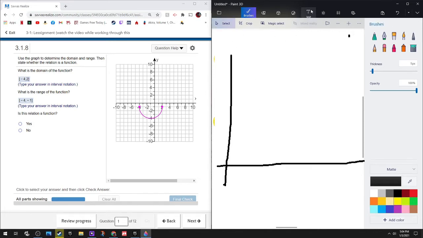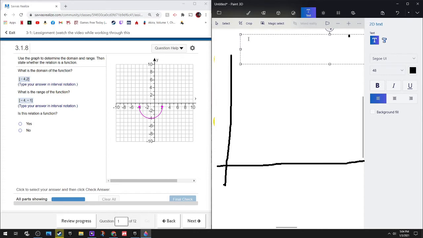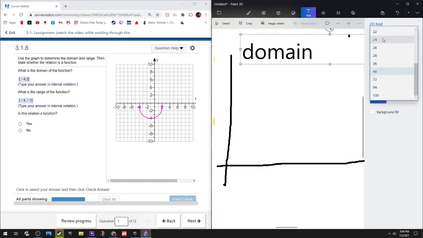You know what, I should write about these things. Let's make this font a little smaller.